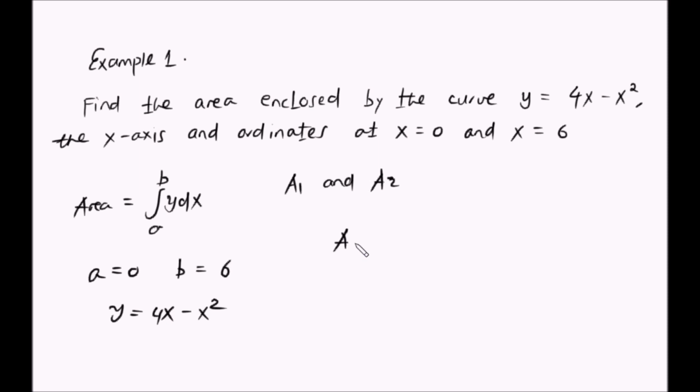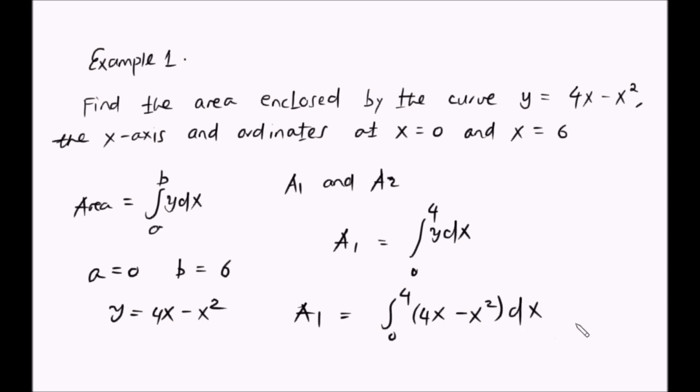So a 1 ndo ile from 0 to 4. So our y ni hii. So a1 now is going to be from 0 to 4. So our y is 4x minus x squared. So we integrate this one with respect to x.